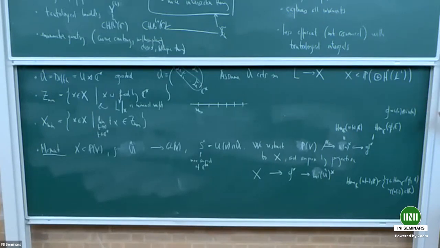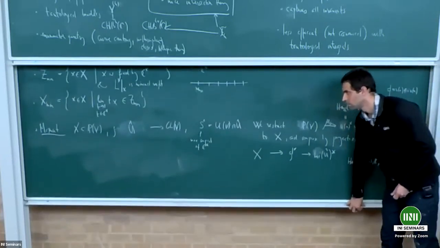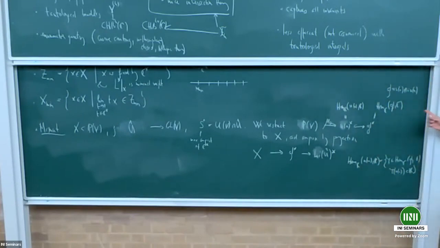For that there's no canonical choice. But in fact, you don't gain anything in the algebraic setup whether you work with that or this one. So that's kind of it.